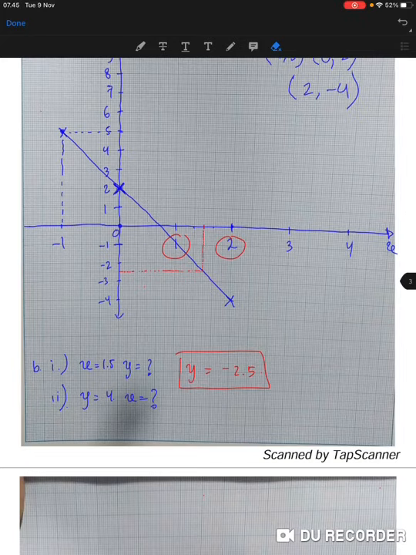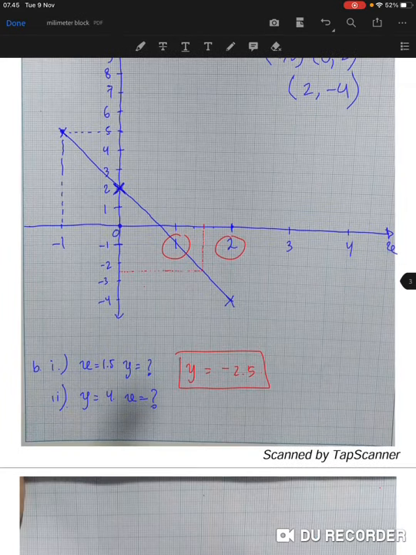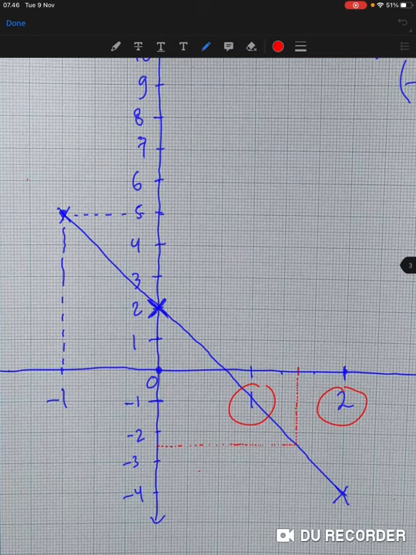Right now, let's move on to B(ii). In B(ii), the given information is y equals 4. So in the y-axis, you have to take a look at your 4. Look at that. Right, I need you to pull the dots to your straight line, and then pull it down. So you will have your point in your x, right?